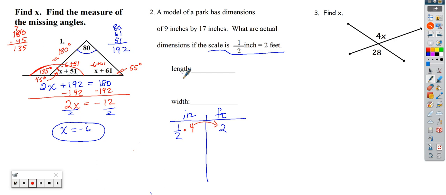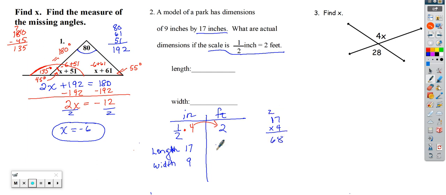Now I want to find my length and my width. The length on the model is 17 inches, and the width on the model is 9 inches. Using my constant of proportionality, I know that 17 times 4 is going to give me how many feet the length is on the actual park.